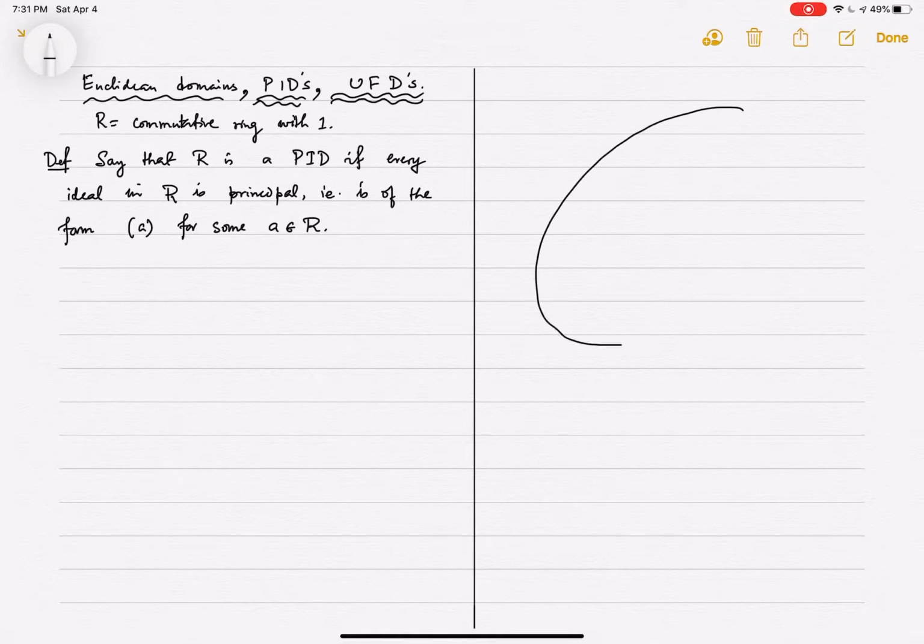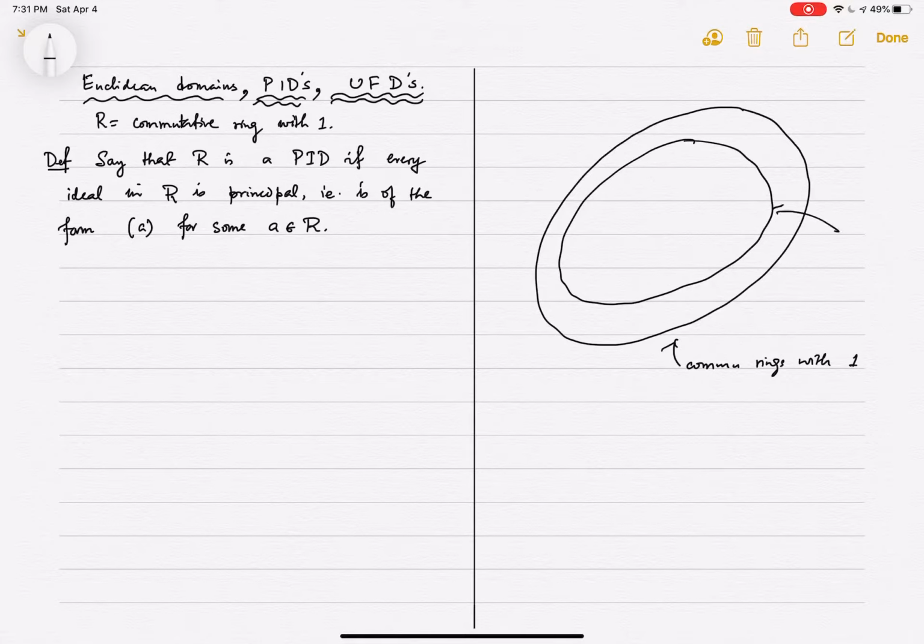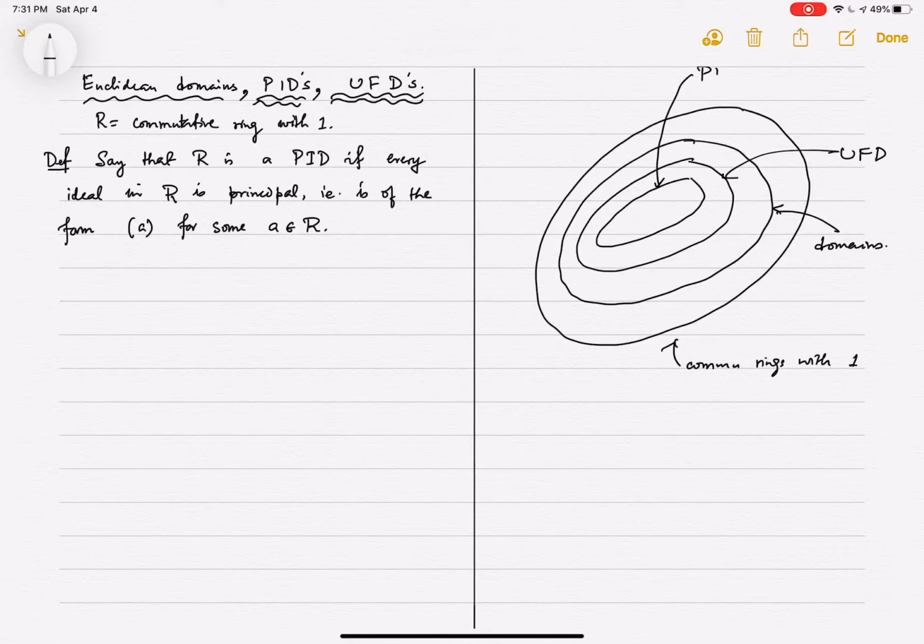And here is the world of all commutative rings with 1. In there we have domains, and then these three classes are all in the world of domains. In fact, there is a strict containment. UFDs contain all PIDs. So every PID is also a UFD, and Euclidean domains are even special.